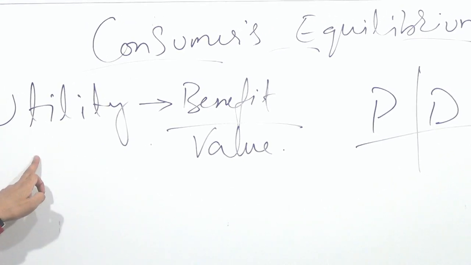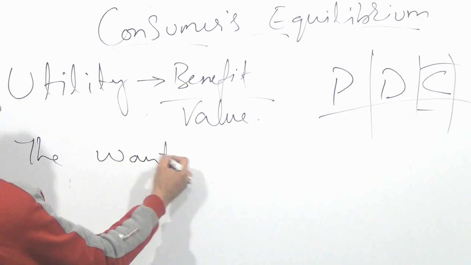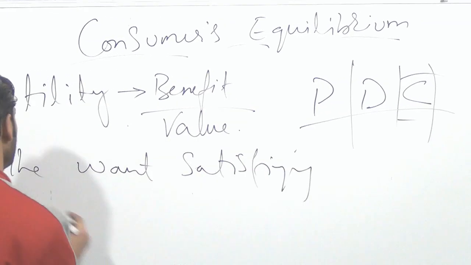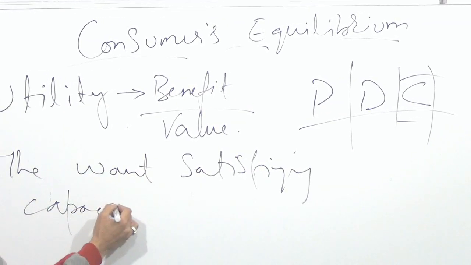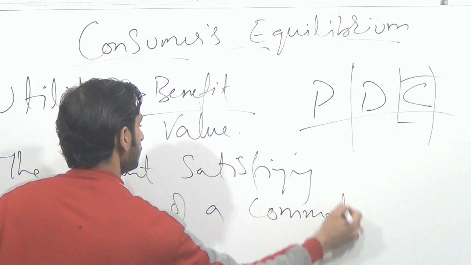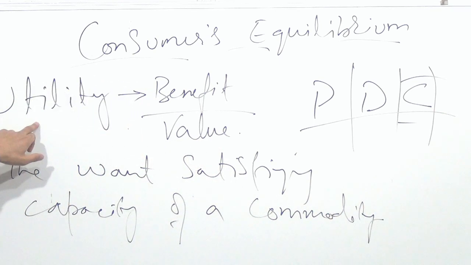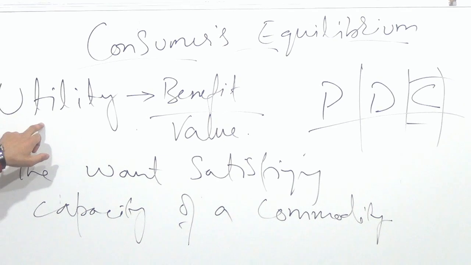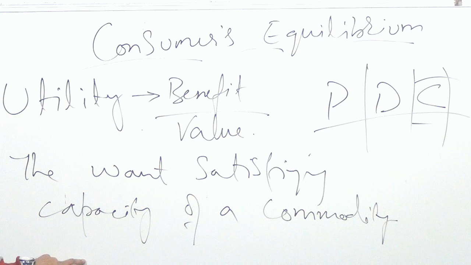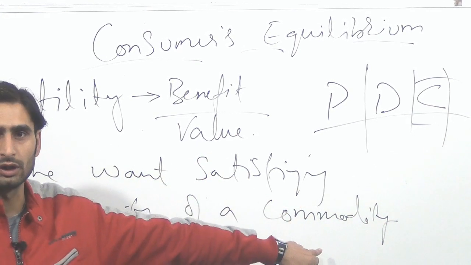And utility is the want satisfying capacity of a commodity. That simply means utility is something which satisfies the wants of a consumer.